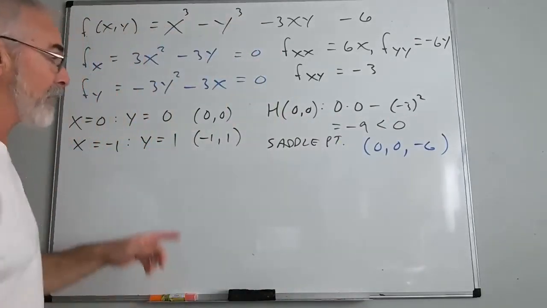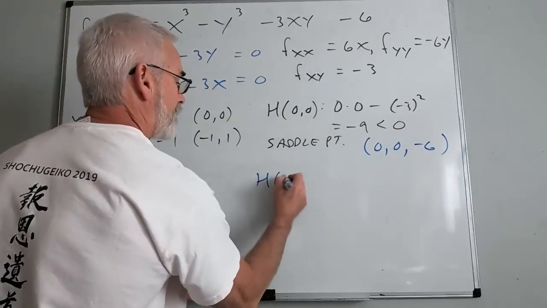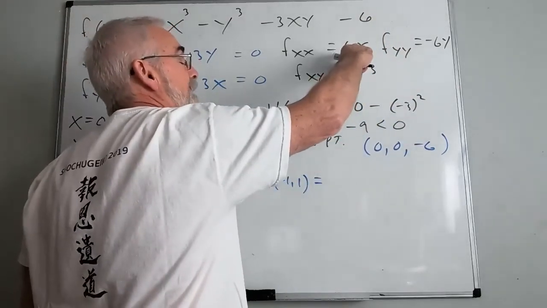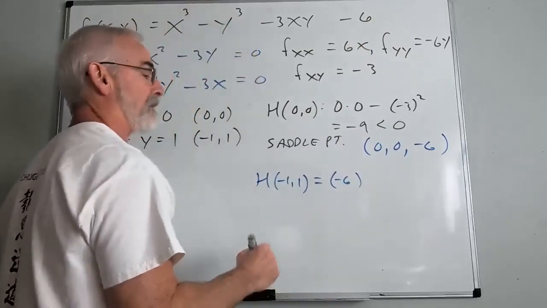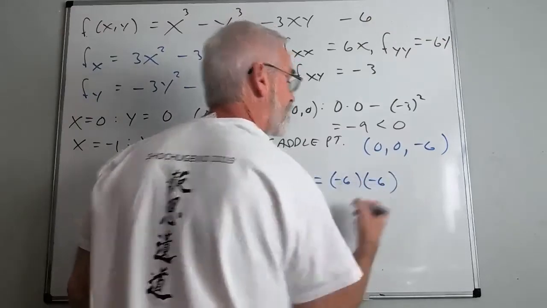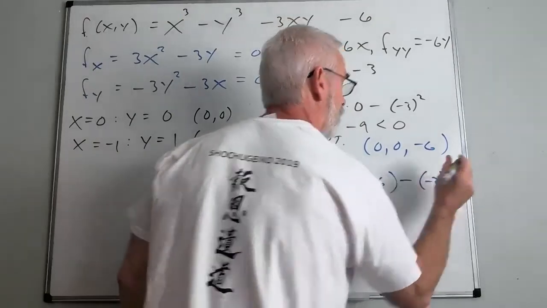Now let's do the same thing for negative 1, 1. The Hessian for negative 1, 1 is, if I replace x with a negative 1, that's going to be negative 6. If I replace y with a 1, that's also negative 6. And then I'm going to square the negative 3.